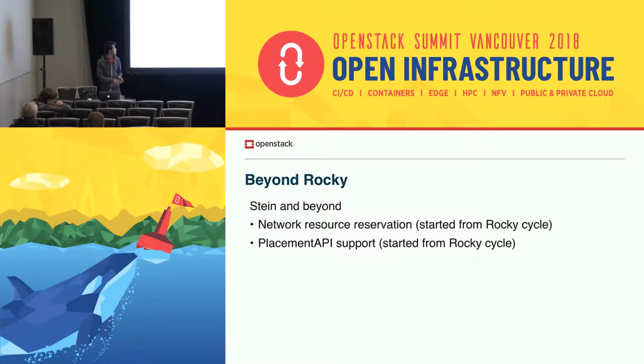And not only for the Rocky cycle, we plan some roadmap for beyond the Rocky cycle, meaning Stein and beyond. The first one is network resource reservations. The design of this activity has already started from the Rocky cycle.